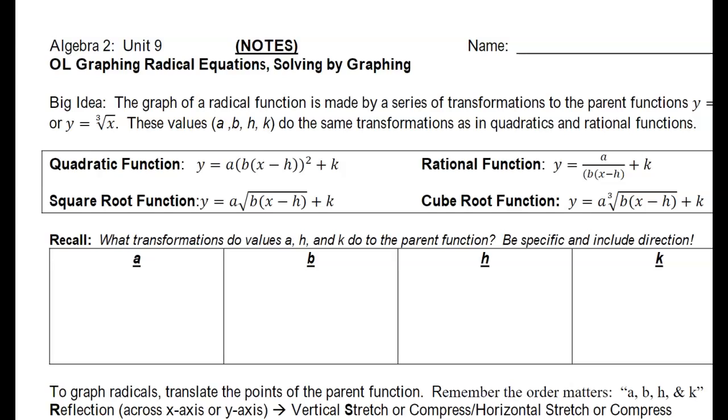Now, if a is bigger than 1, what is that? That is a vertical stretch. Meaning, on my vertical, which is my up and down, I'm stretching, making the graph taller.